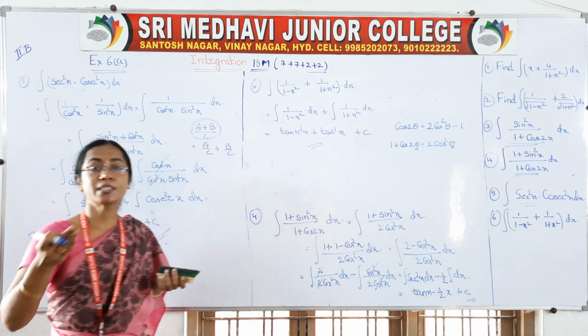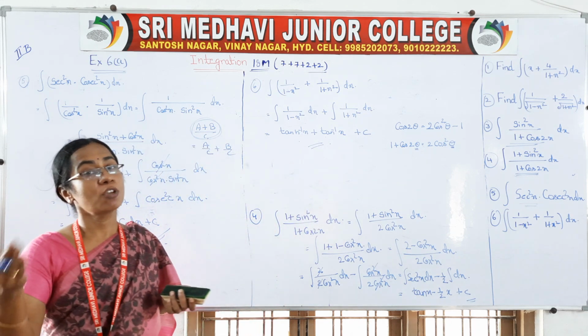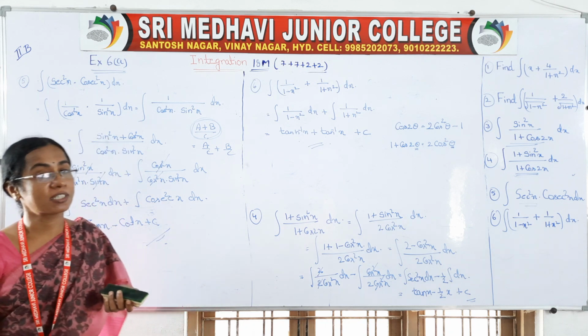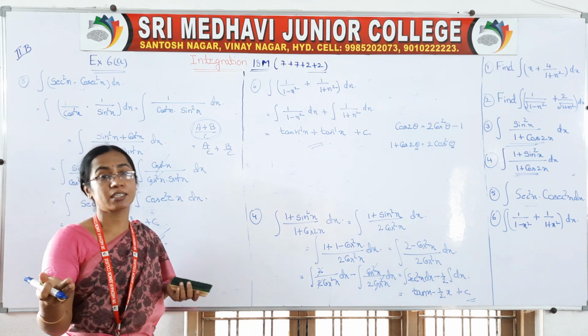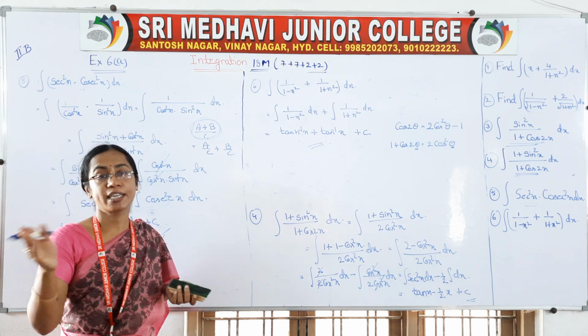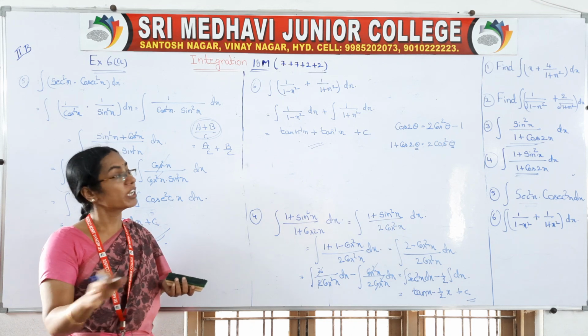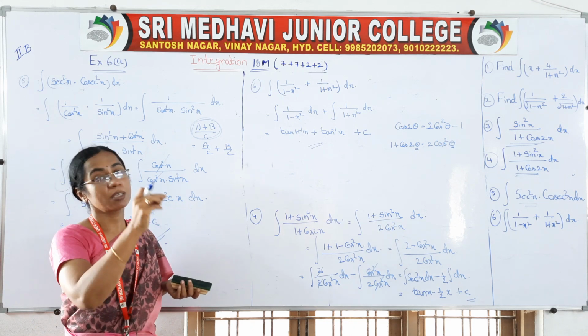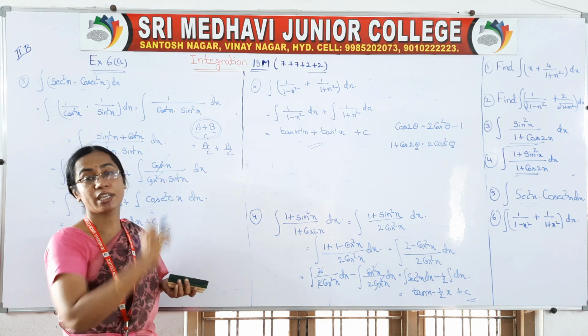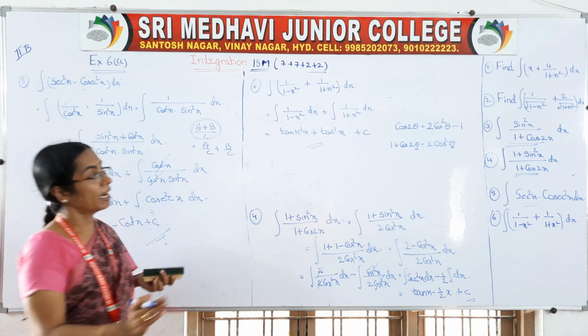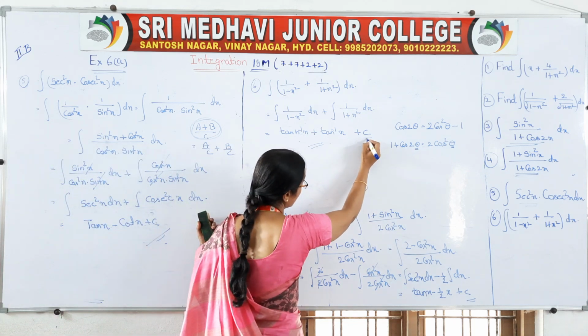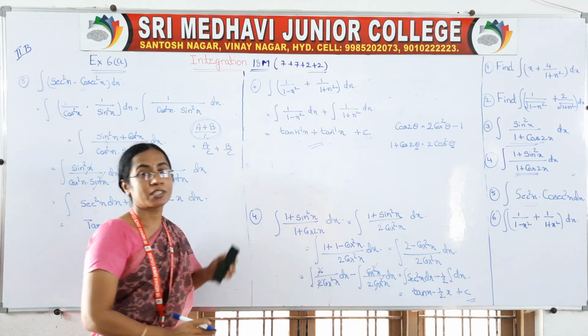But what is meant by c? It is a constant. If you add constant to constant, again constant. If you deduct constant minus constant, again constant only. That's why there is no need to take plus c for each and every term. Only at the end you can write plus c, that is the integral constant.